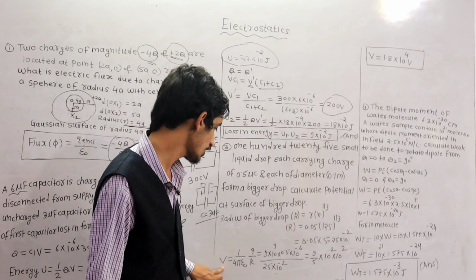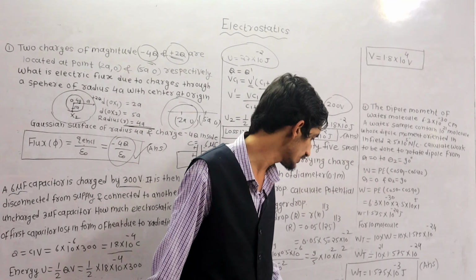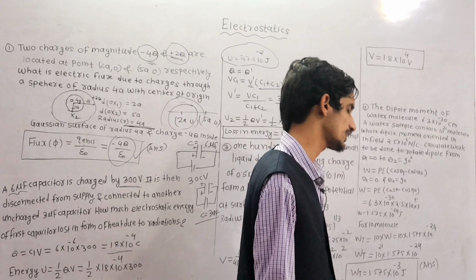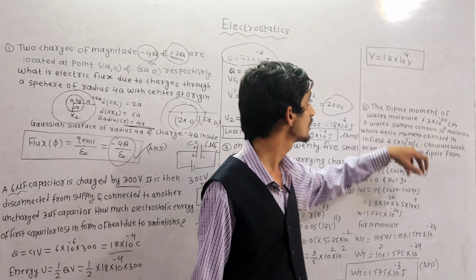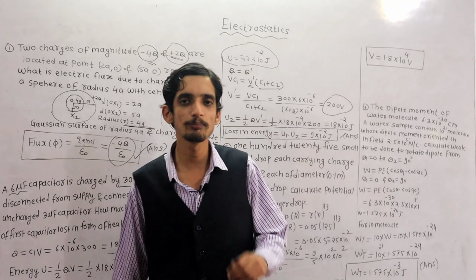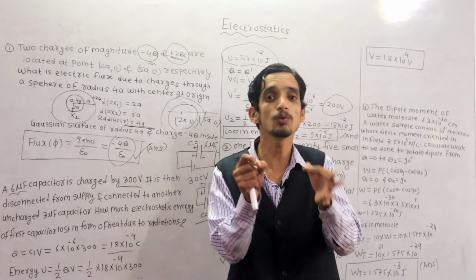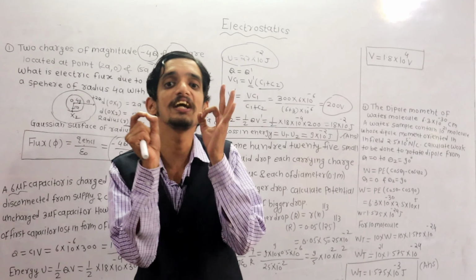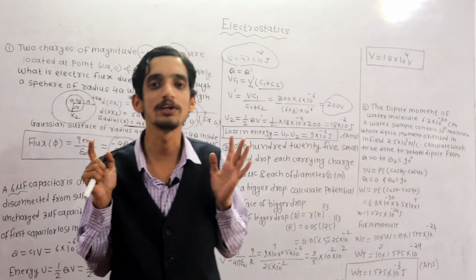So what is the potential? The final answer is that the potential on the surface of the bigger drop is 1.8 into 10 raised to 4 volt.